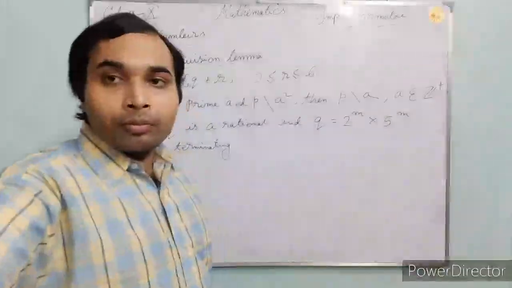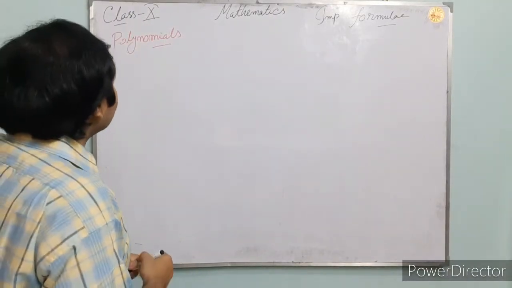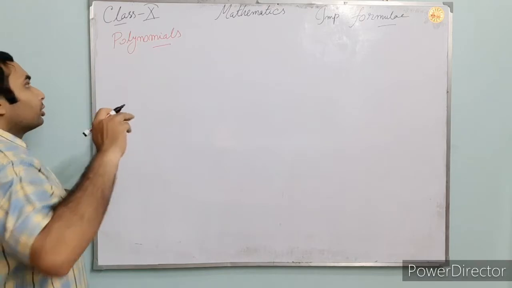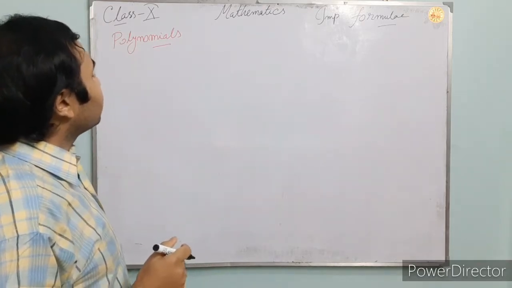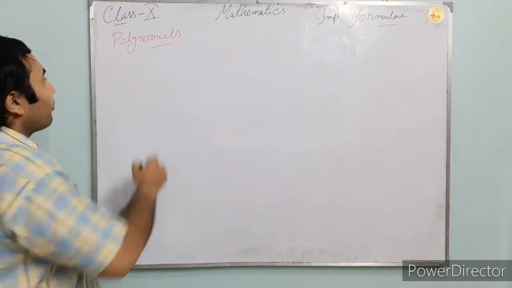Okay, let us come to the next chapter. The next chapter is polynomials. For polynomials, only the relation between coefficients and zeros is there.